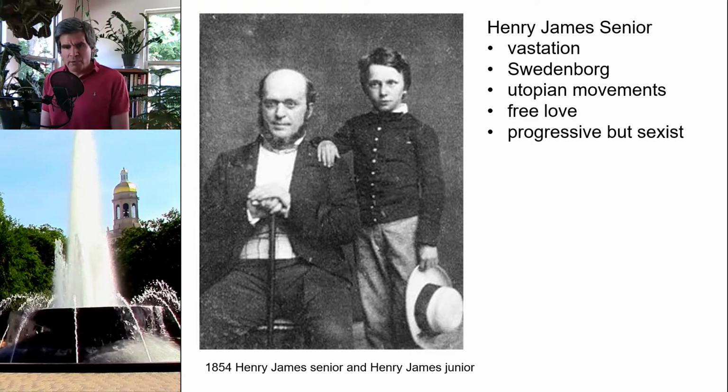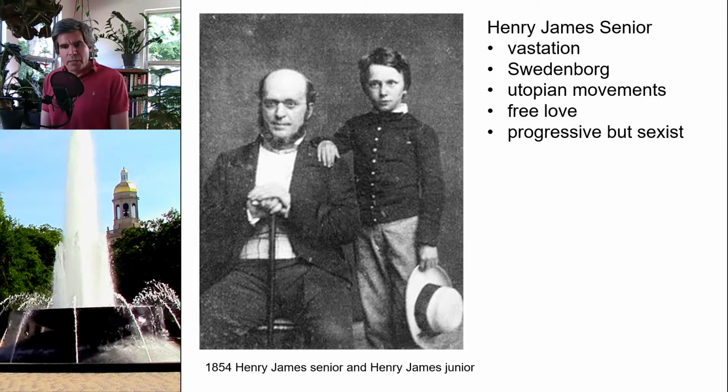So Henry James got really interested in Swedenborg for a while, and then he switched and he became interested in something called Fourierism. This was a utopian movement started by Charles Fourier, and this movement envisioned a society where everyone was free to work on whatever they wished to do.